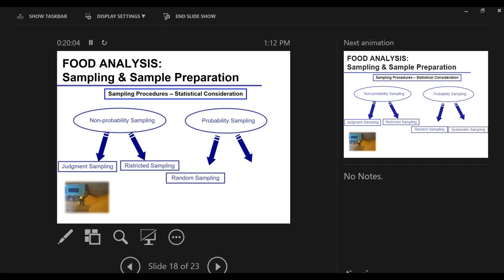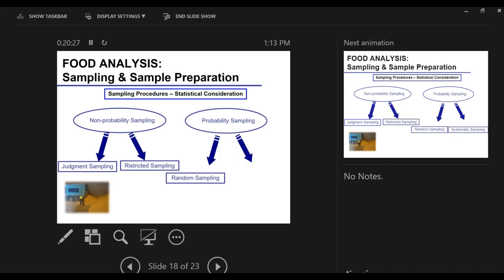So you are able to do probability sampling. In this case, you follow something we call random sampling. That means if you are producing a huge number of cans, a lot of cans per lot, and of course you want to select a certain number of cans, let's say for nutrition labeling, you're going to do 12 cans from this lot.